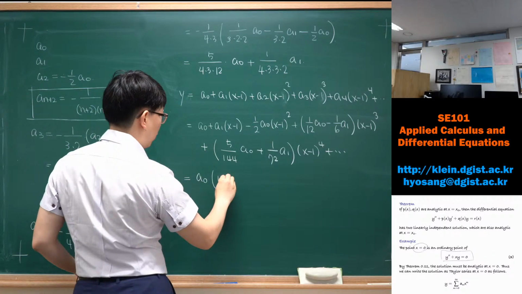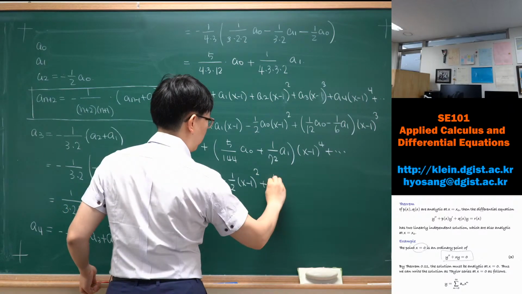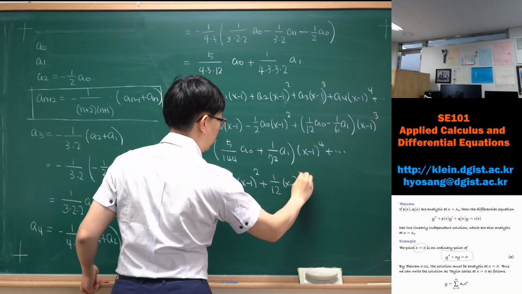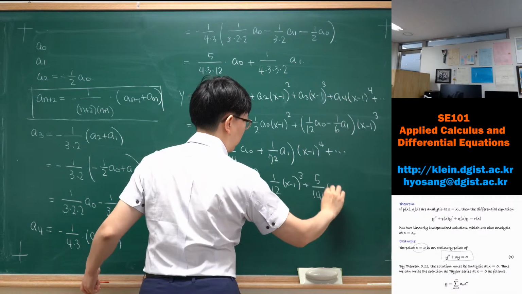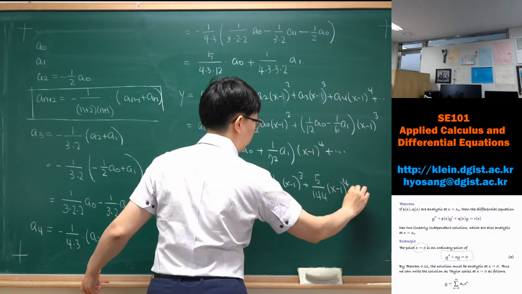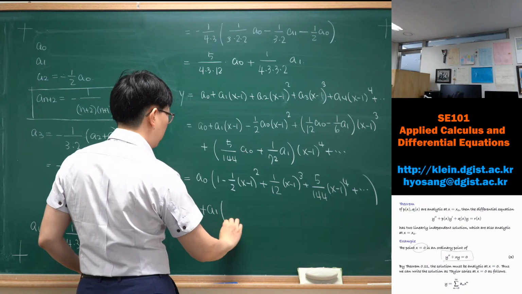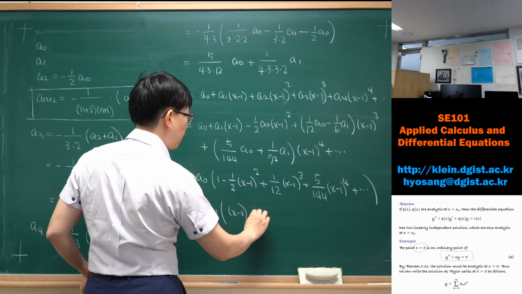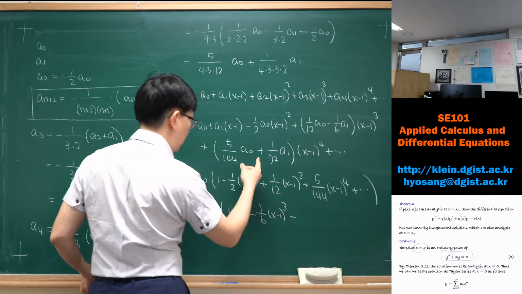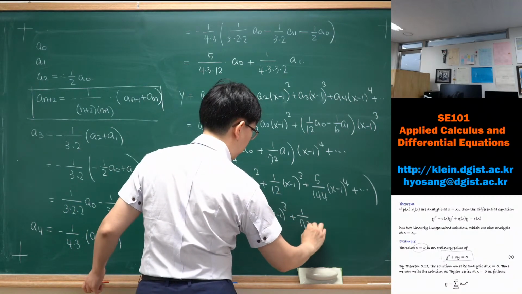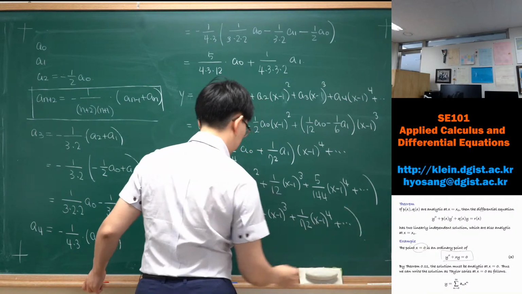So we have 1 minus 1 over 2 (x minus 1) squared and 1 over 12 (x minus 1) cubed, and here we have 5 over 144 (x minus 1) to the fourth, and it goes on, but we didn't compute it. So A1 times (x minus 1) minus 1 over 6 (x minus 1) cubed and 1 over 72 (x minus 1) to the fourth, and so on.